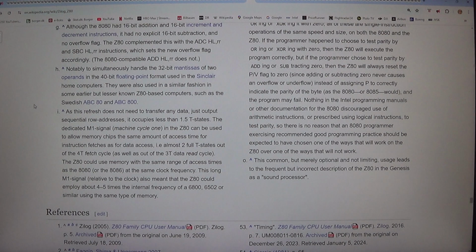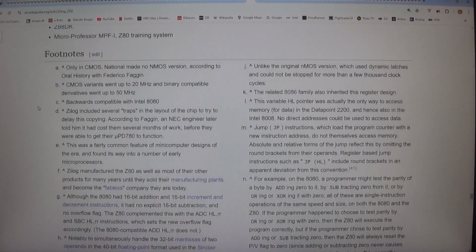The Z80 could use memory with the same range of access times as the 8080, or the 8086, at the same clock frequency. This long M1 signal, relative to the clock, also meant that the Z80 could employ about 4 or 5 times the internal frequency of a 6800, 6502 or similar using the same type of memory.